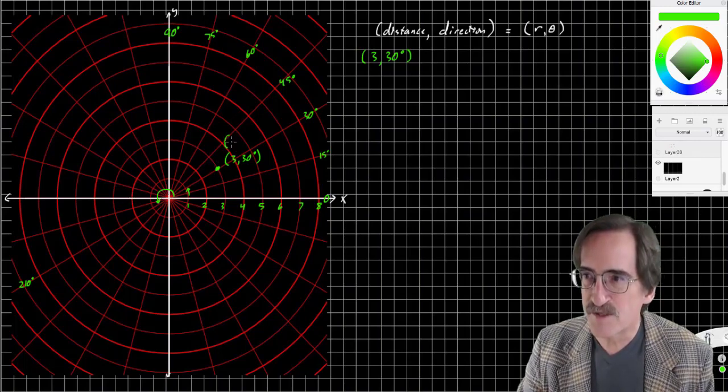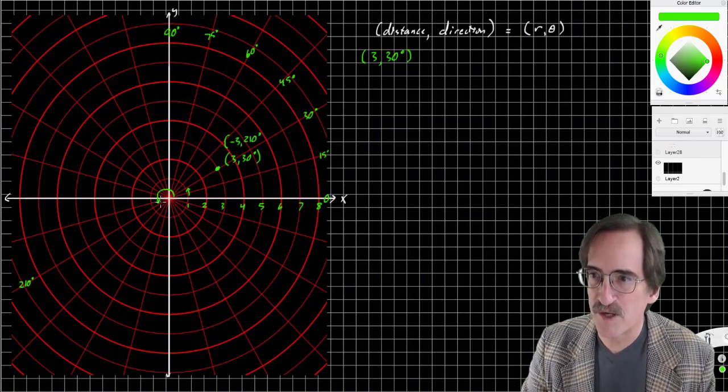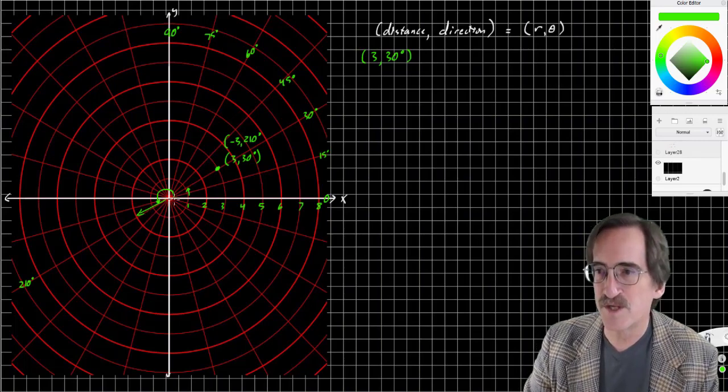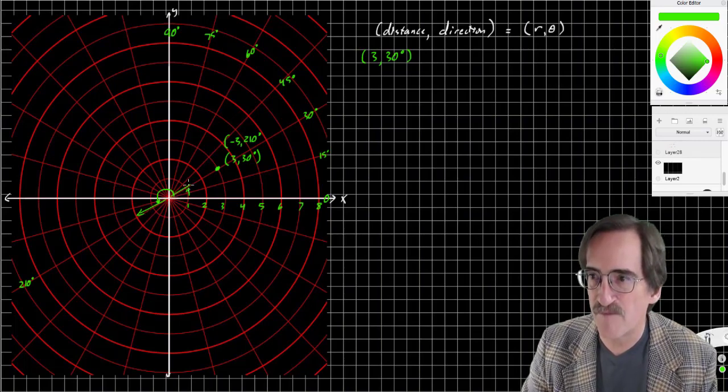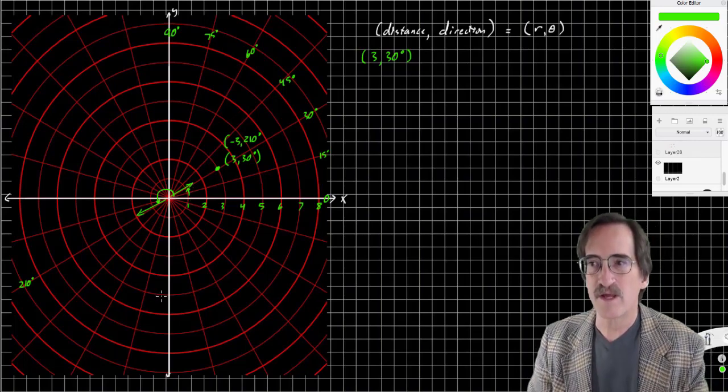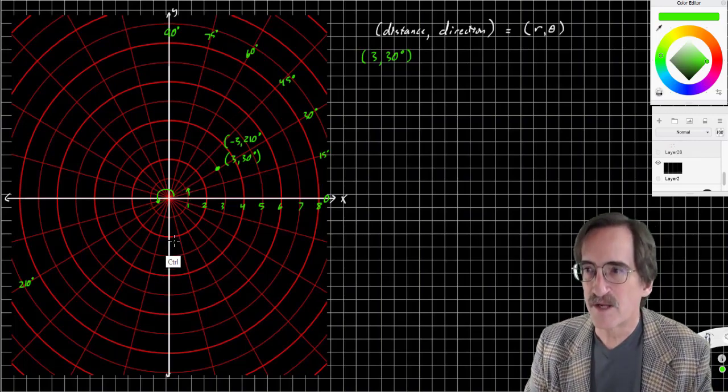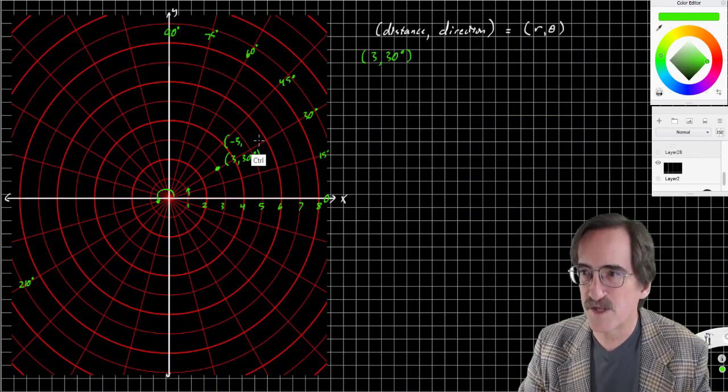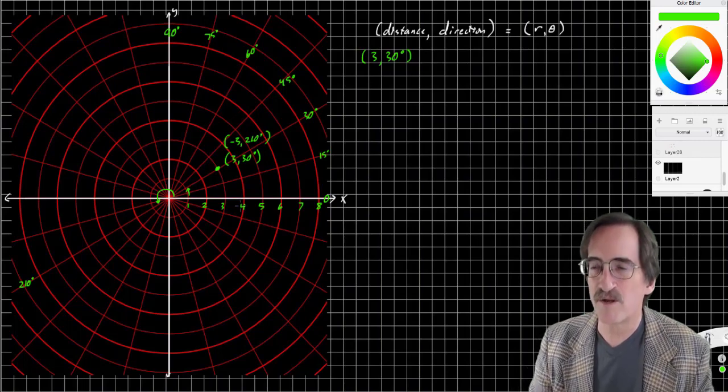So this is -3, comma, 210 degrees. What that means is we go to the direction vector for 210 degrees, and we face in the opposite, negative direction. So -3, comma, 210 degrees is also the same point, right?